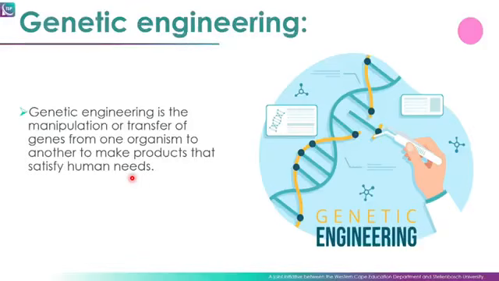Genetic engineering. For genetic engineering, we see that it is the manipulation or the transfer of genes from one organism to another to make products that satisfy human needs. For genetic engineering to happen, humans want to have some characteristic.